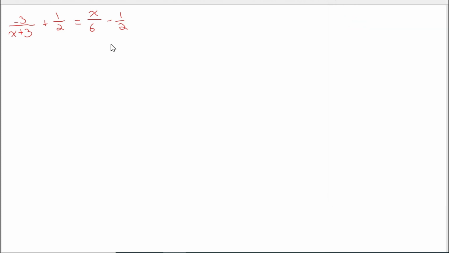So what I did was I added a half on this side, which is legal, and I added a half to this side, which you will have negative 3 x plus 3 plus 1 half plus 1 half will give you 2 over 2, which ultimately will give you 1, equals x over 6.